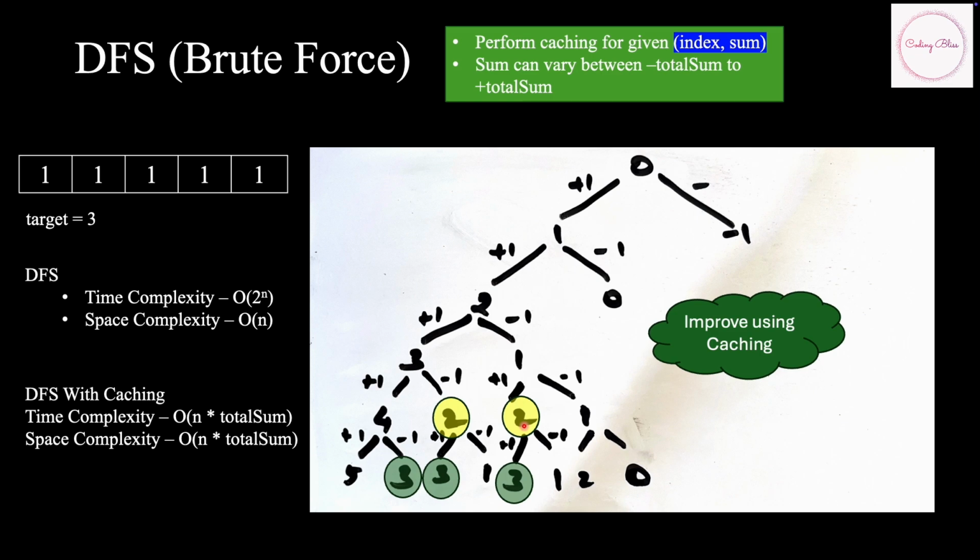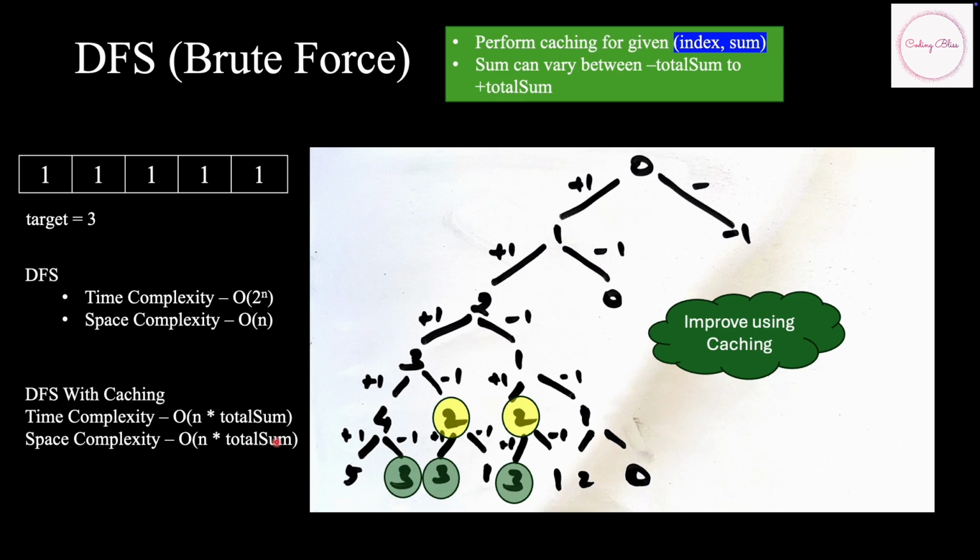It need not be total sums; that would be the worst case. You can take it as t, which is somewhere less than total sums in an ideal case. So your time complexity will be order of n into total sum, and your space complexity, because you have to store that many cached values, will also be n into total sums.